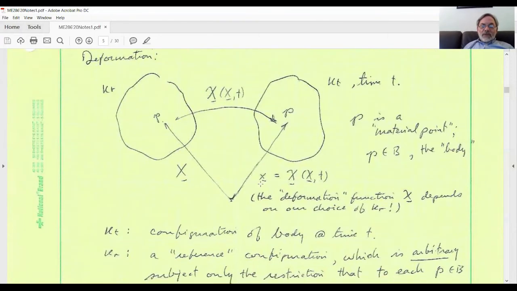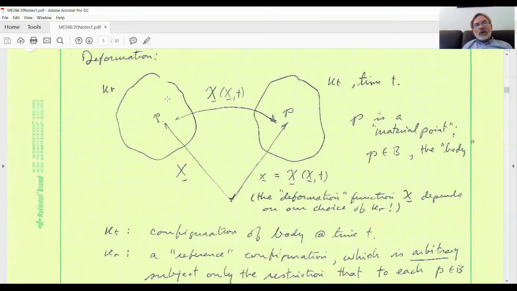So we can associate a vector space with our Euclidean point space, so-called. Okay, so the position of material point P we'll call small x. And the possibility of making this description is associated with the idea that the body is immersed in our Euclidean space at time t.